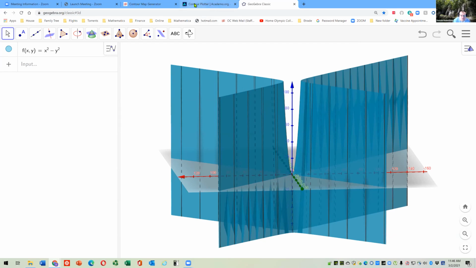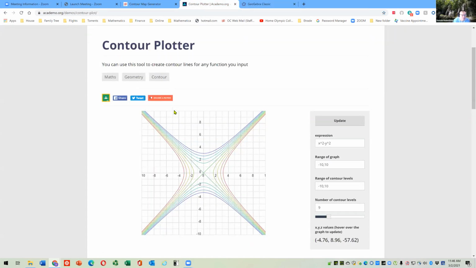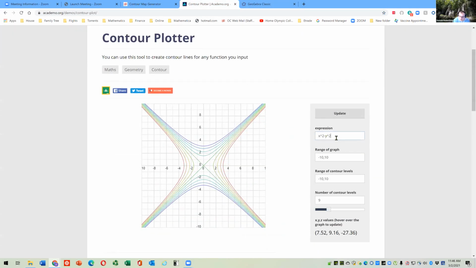But we have contour plot. And okay, let's try and break it. Will you all say hi as I try and break this thing? I did break it.